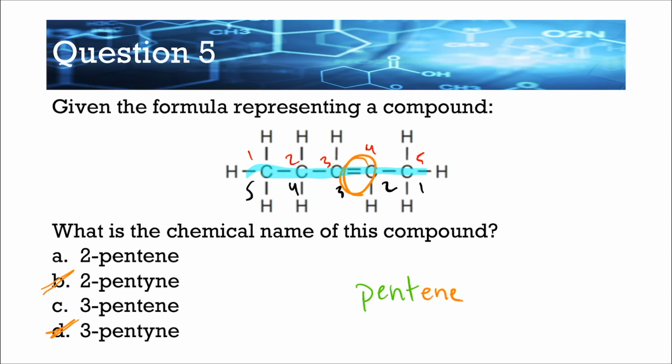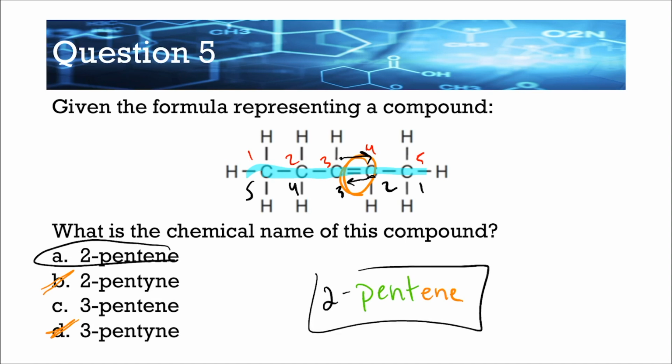Remember, you always want to tell the person who's looking at the name of the compound where the double bond starts. So does it start on carbon 2, or does it start on carbon 4? And again, you want to pick the smallest number. 2 is smaller. So we have 2-pentene, which is choice A.